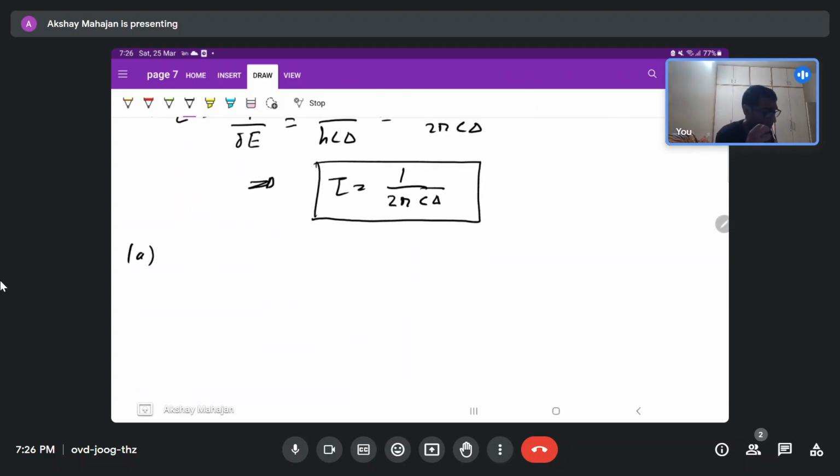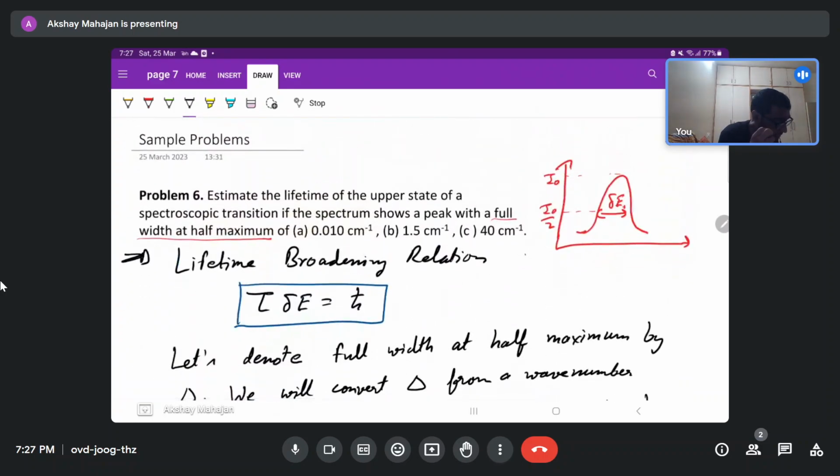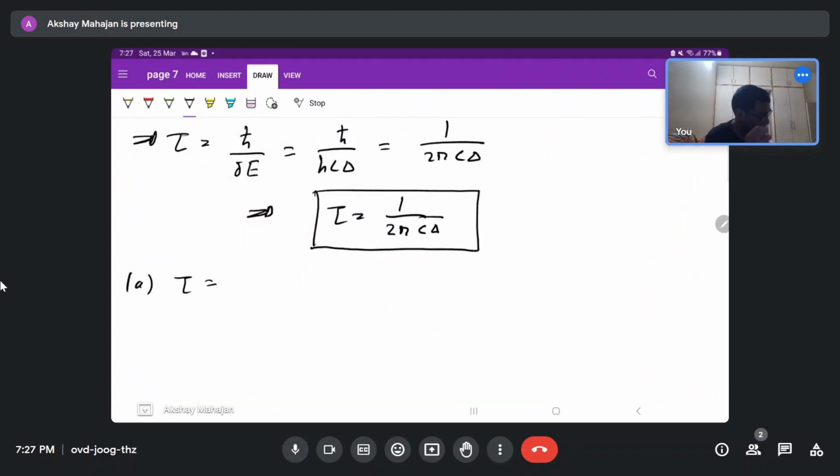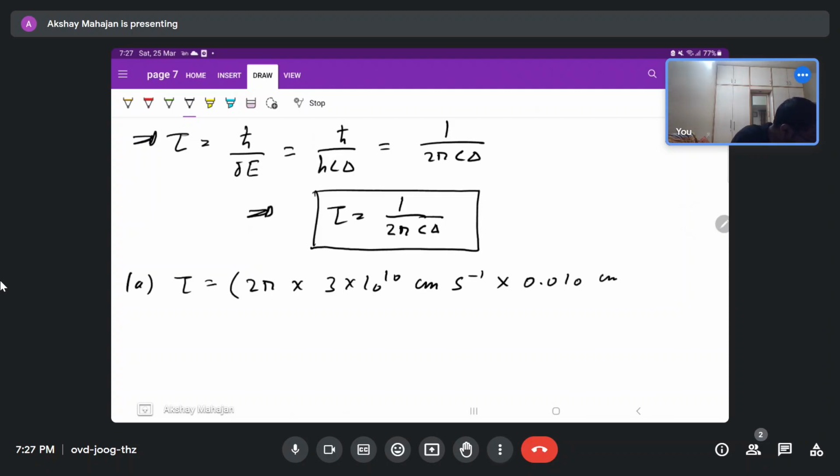For part A, delta is given as 0.01. So tau will be equal to 1 over 2 pi times 3 into 10 to the power 10 centimeters per second, which is the speed of light, approximately, times 0.01 centimeter inverse.